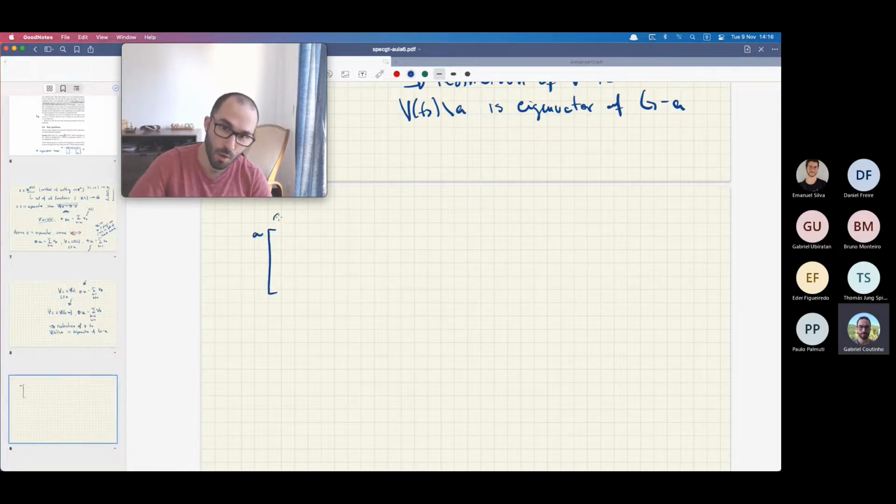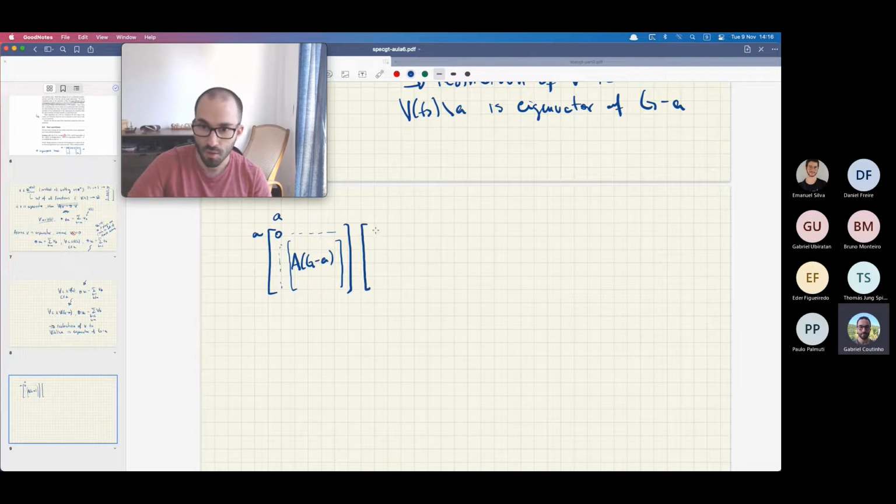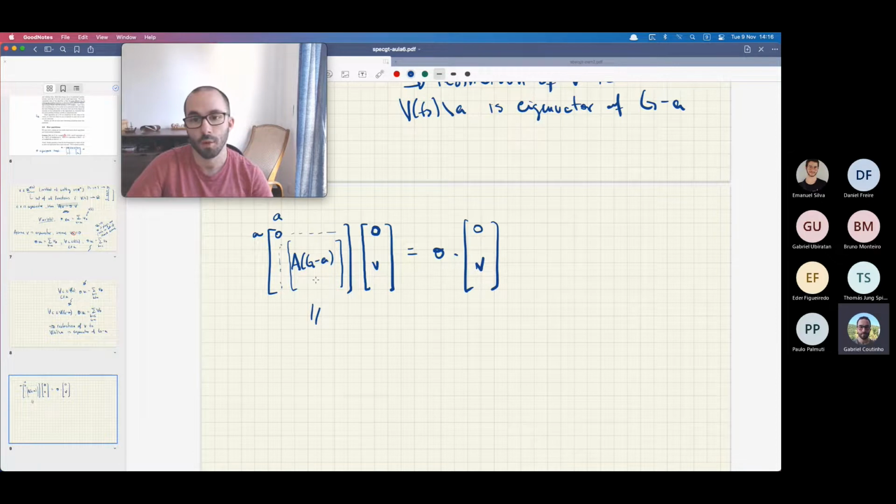Imagine that this is row A, column A, with a 0 here, a bunch of things, and then here you have the adjacency matrix of G drop A. So this is the adjacency matrix of the graph. This is the vector with a 0 here and something else here. By hypothesis, this is equal to theta times this.